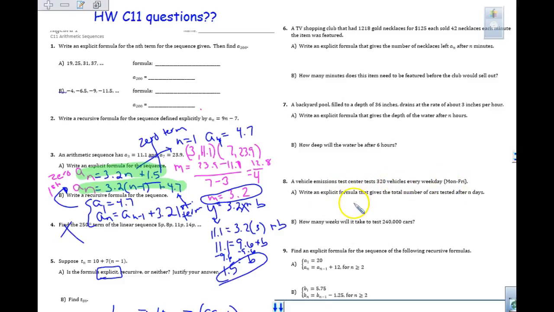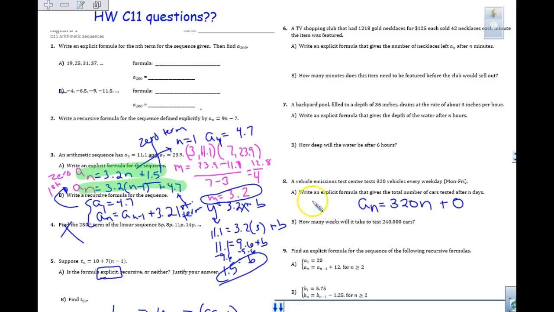Write an explicit formula. Do we know our rate of change? A to the n equals, each week we're testing 320 n. What's the zero term? Well, if we're just starting it, it would have been like plus 0, right?